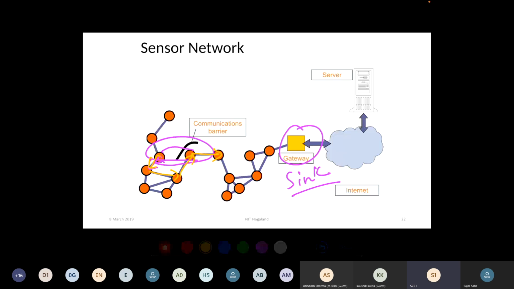Okay, so it is not that if a node is nearer to me I will send to it. If I don't get any signal from the nearer nodes, in that case I am not going to send my data, though it is nearer to me, because that node may be a dormant node, that node may be a sleeping node. So neighboring node selection is also a big task for wireless sensor networks.